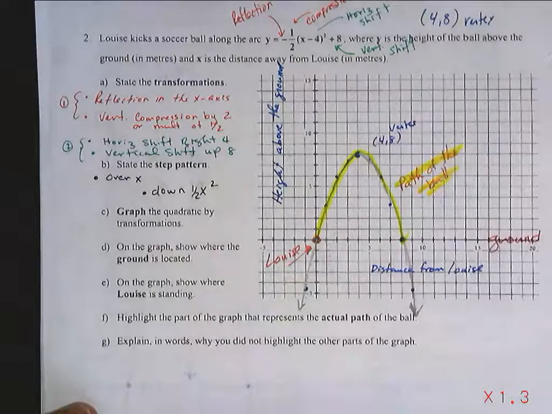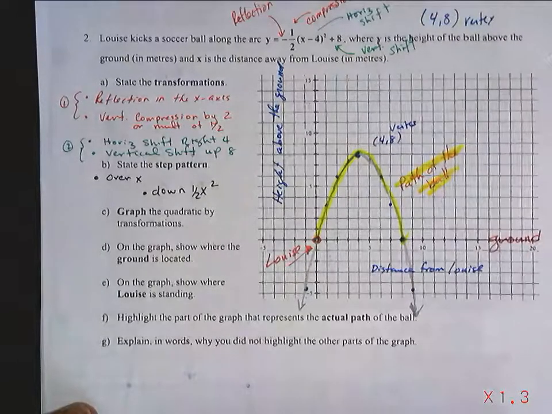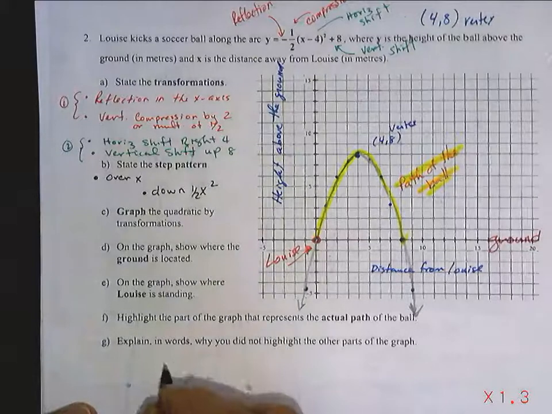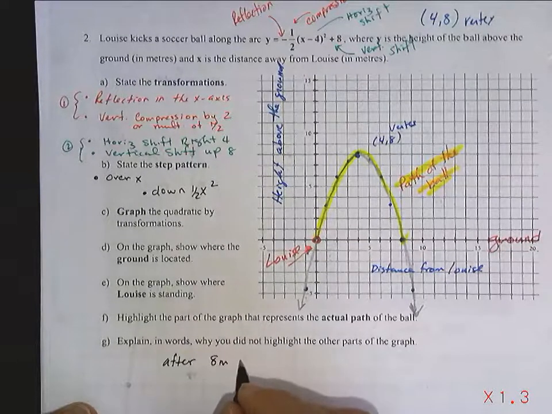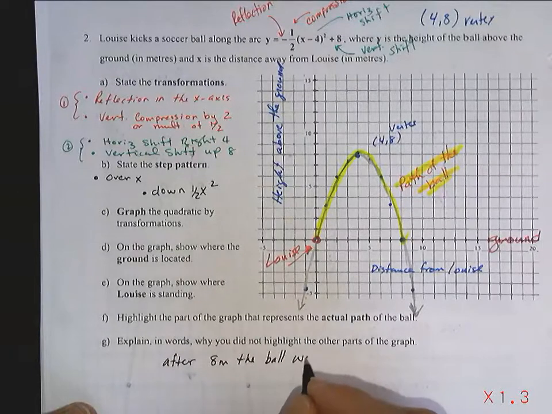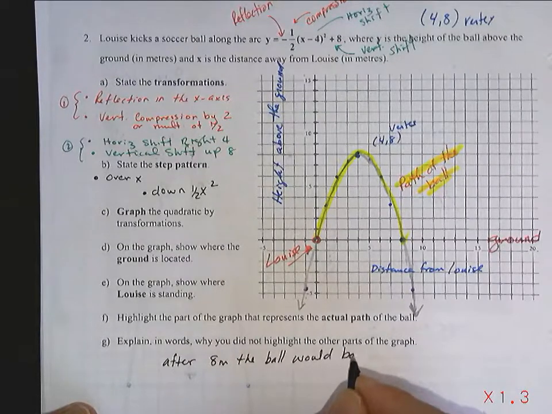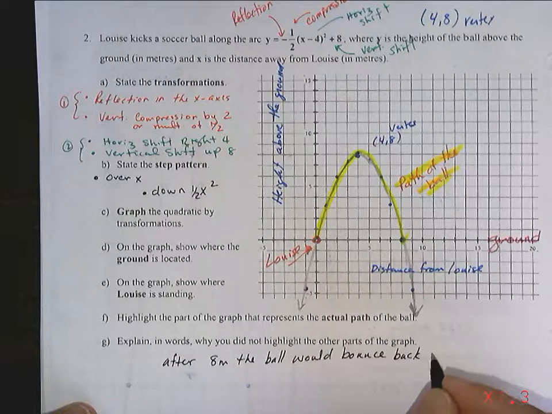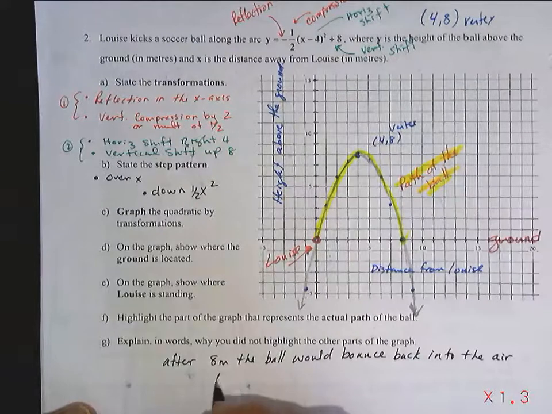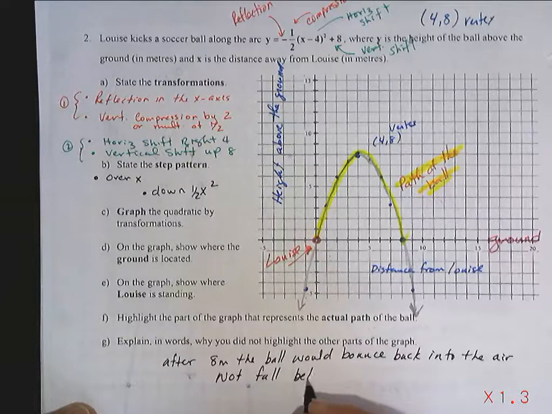In words, explain why you did not highlight the other parts of the graph. Well, after 8 meters, the ball would bounce back into the air, not fall below the ground.